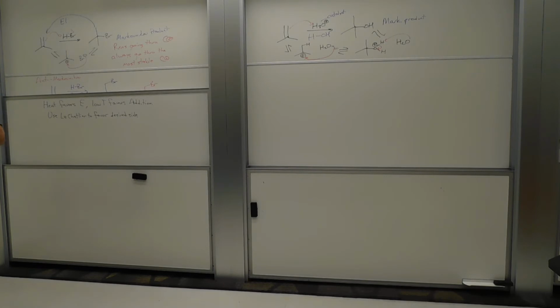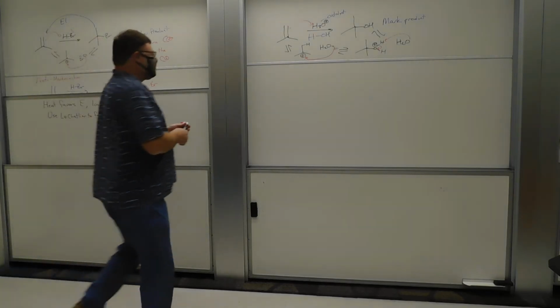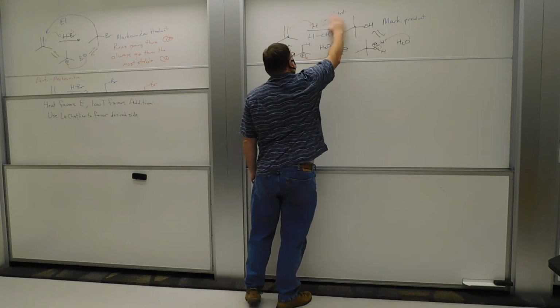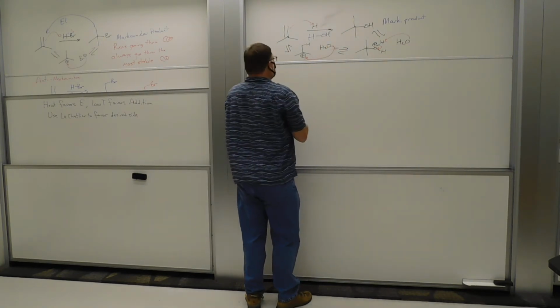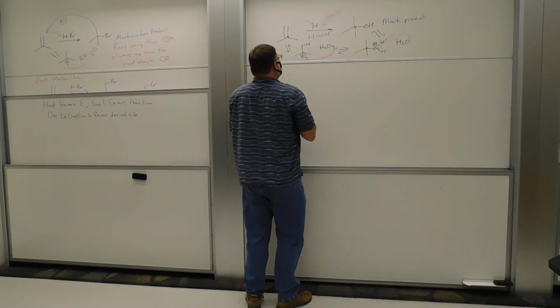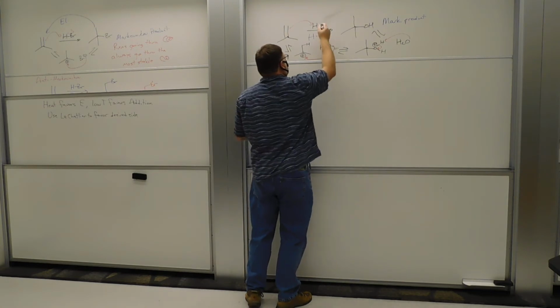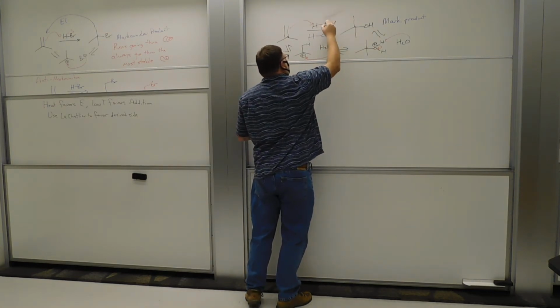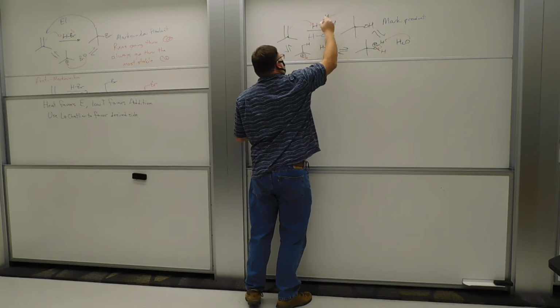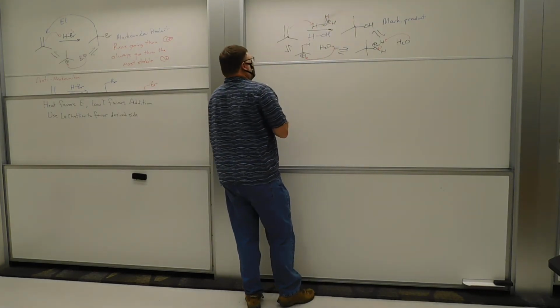I was just going to ask about the first step of the mechanism. So you're bringing a hydrogen and getting rid of a bond? Is that what's happening? Yeah, I'm shorthanding that. And I didn't finish the rest of it. So you have H3O plus there.